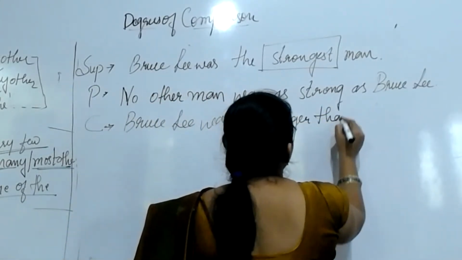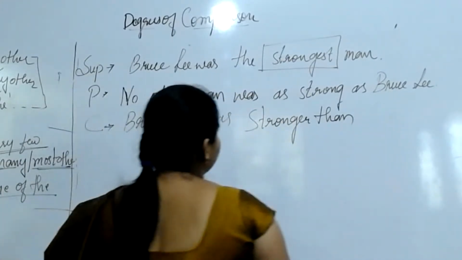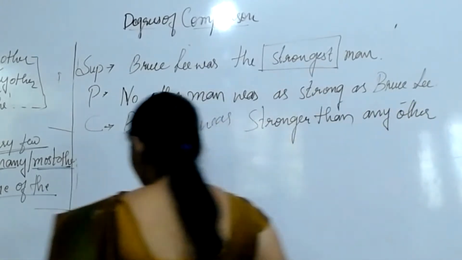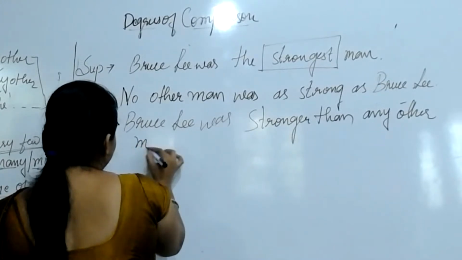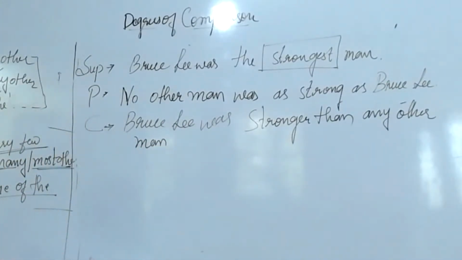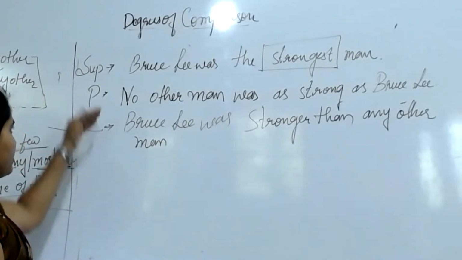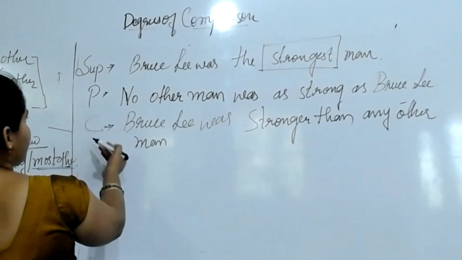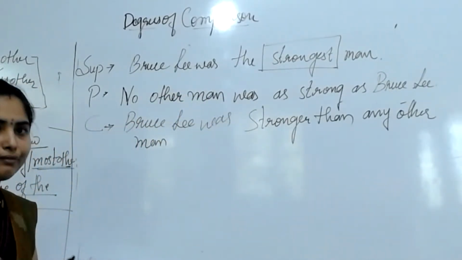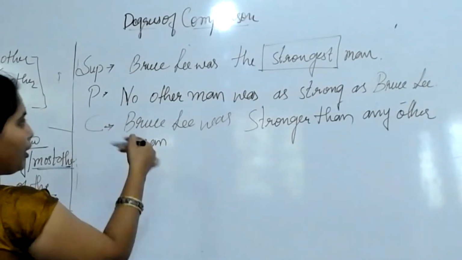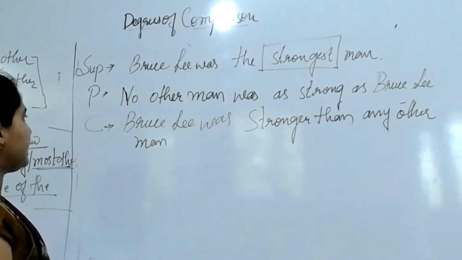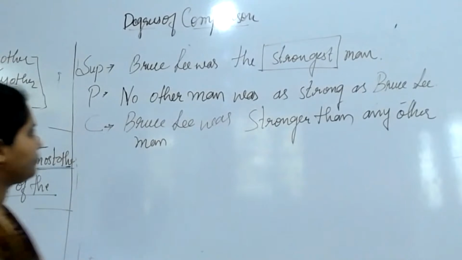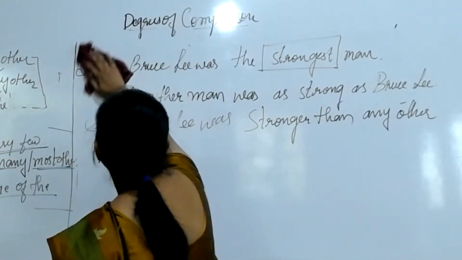Stronger than any other man. This is how you have to change one into another. So in the superlative degree, Bruce Lee was the strongest man, and in the positive degree, if there is no one of the, you have to take no other. So no other man was as strong as Bruce Lee. The comparative degree, Bruce Lee was stronger than any other man. And the next example.